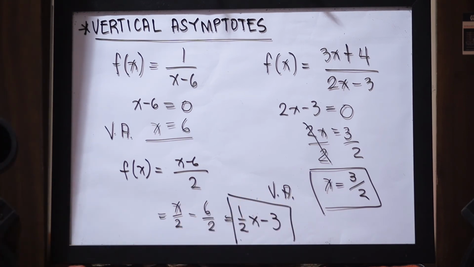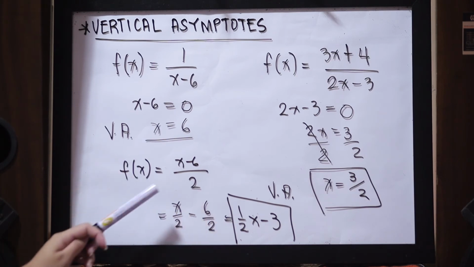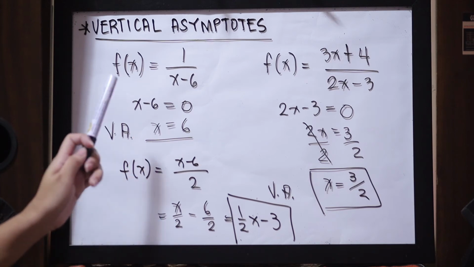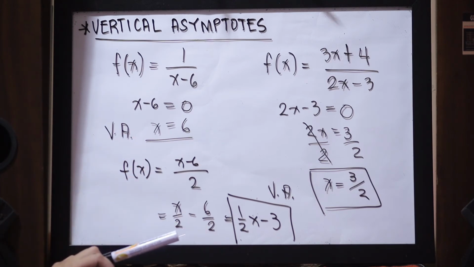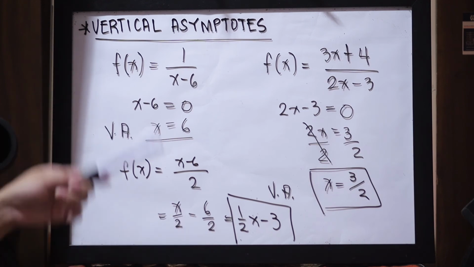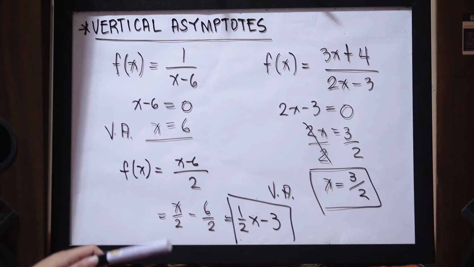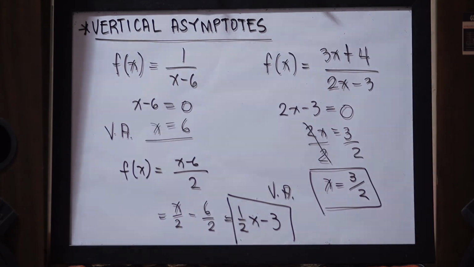Hindi siya kino-consider as rational function if the denominator is just a constant function. So, kailangan maging polynomial talaga siya na algebraic expression na may value of x yung denominator so that we can get the vertical asymptote and we can also consider the given function as a rational function.